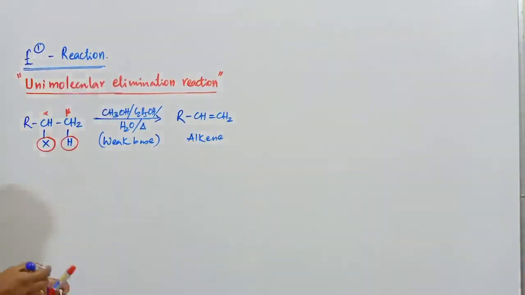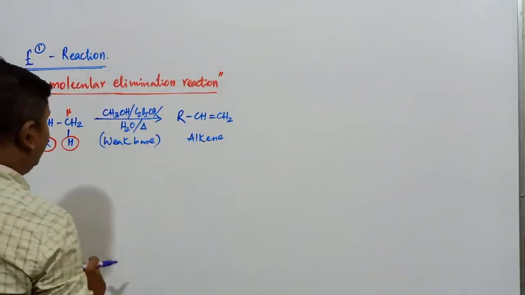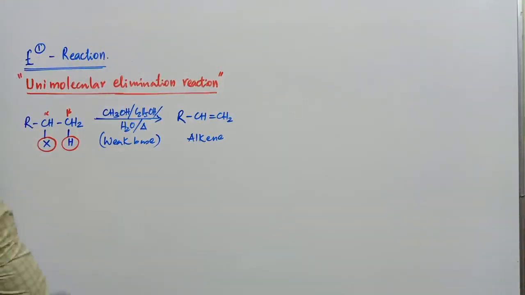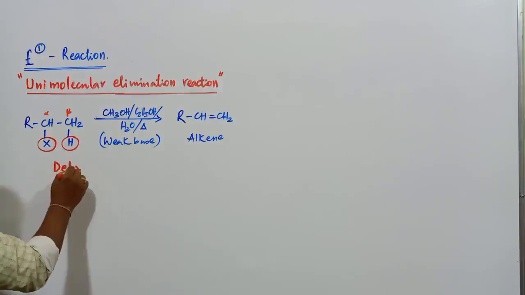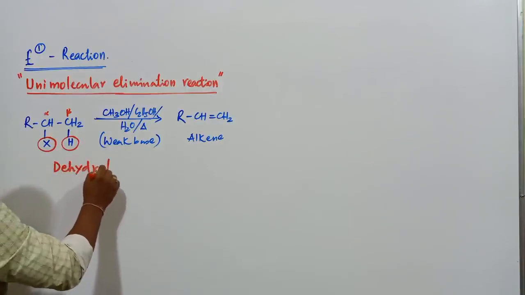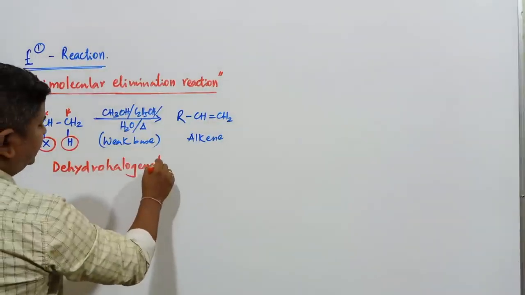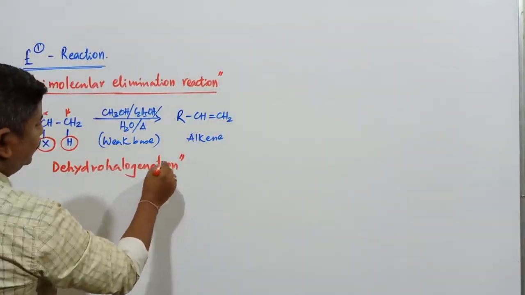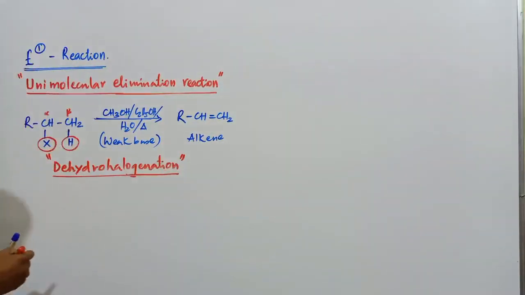Especially in the case of alkyl halides, elimination results in the formation of alkene, and such reactions are generally called dehydrohalogenation. With respect to alkyl halides, we have to study this reaction, dehydrohalogenation.